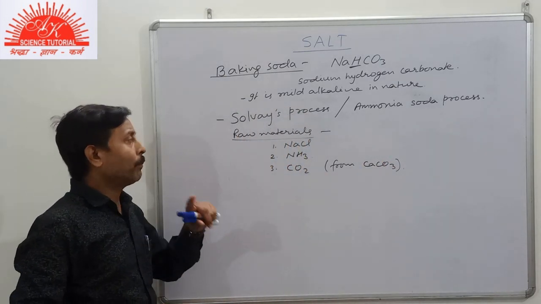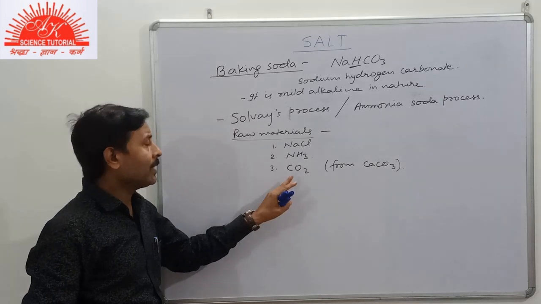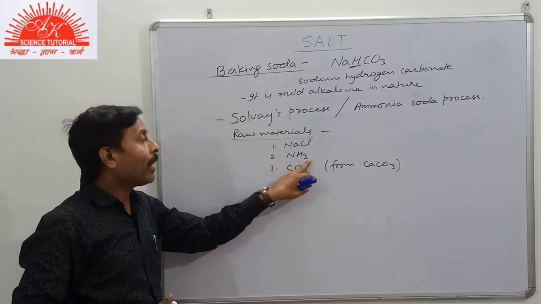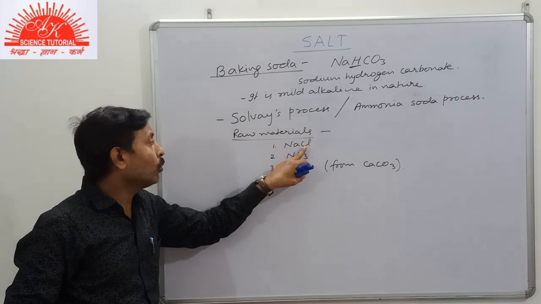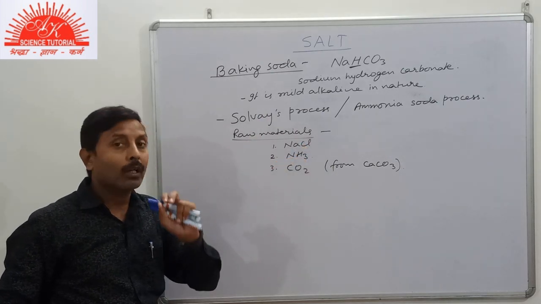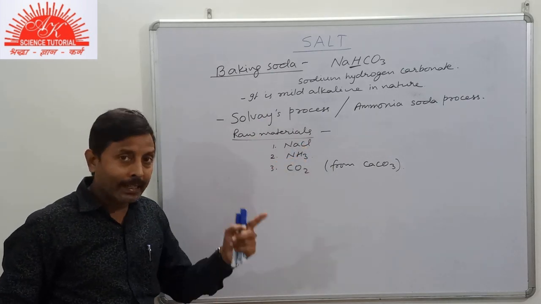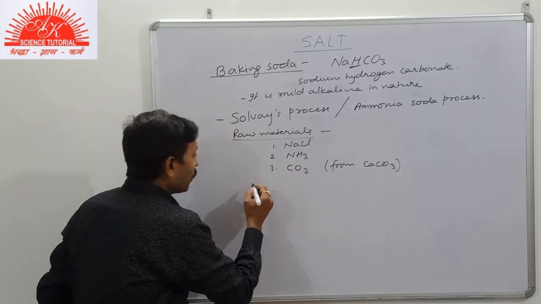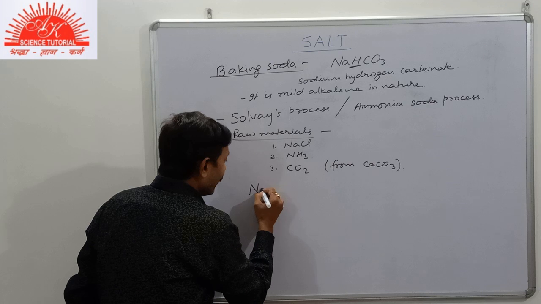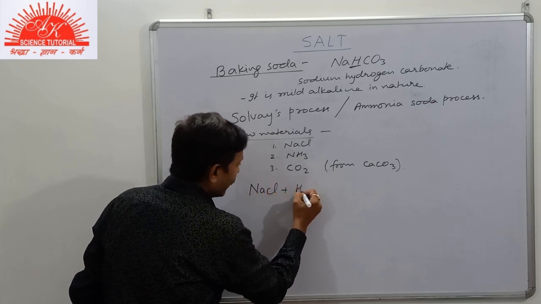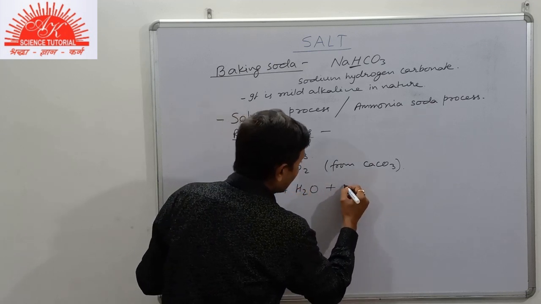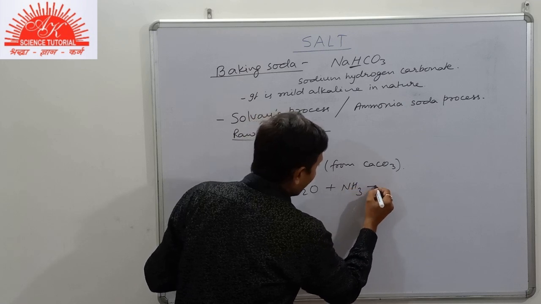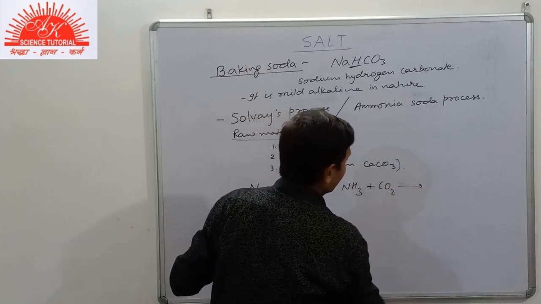Now, how is it prepared? First of all, we pass ammonia gas through an aqueous solution of sodium chloride, and then carbon dioxide is passed through it. So, what will be the reaction here? NaCl plus H2O plus ammonia, and then carbon dioxide is passed through it.